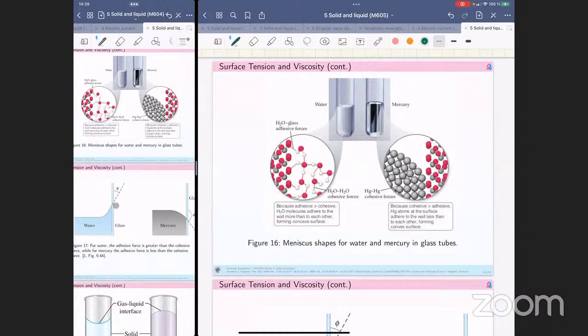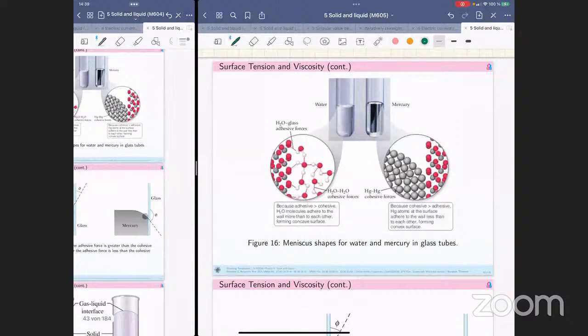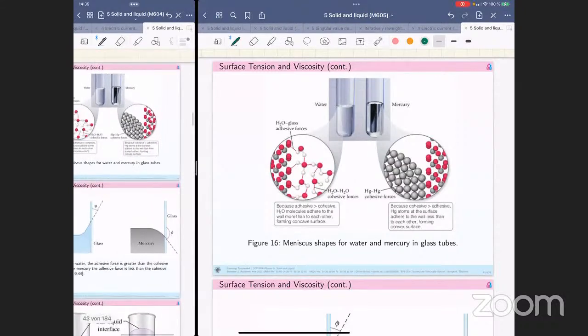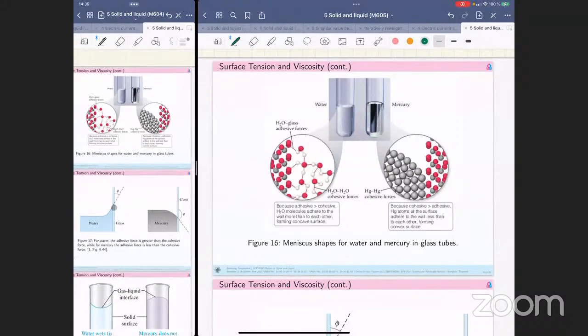The capillary tube is made of glass, and for mercury, the shape of the mercury surface is something like this. What is the reason why we have different shapes of liquid attached to the capillary tube wall?